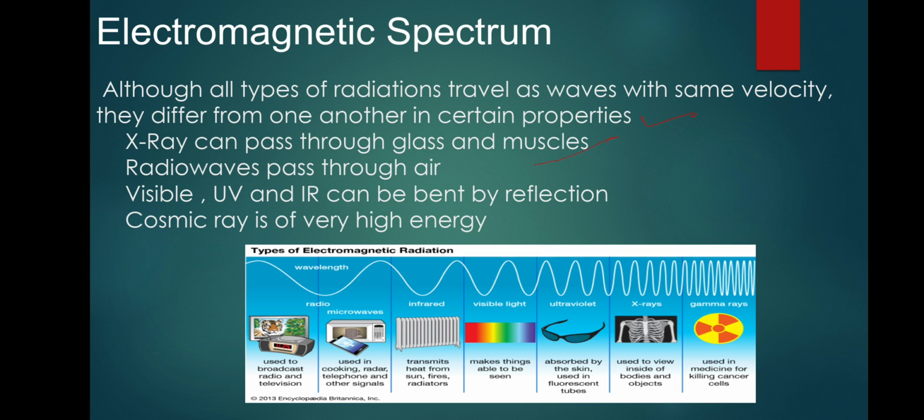Television one, it will be telecast in one place and it will come to our home, that passes through the radio waves. Then UV visible IR radiation can bend by reflection. Cosmic rays, if you take compared to all the things, this has the highest energy. So because of this different property, we can make use of this property for various purpose.